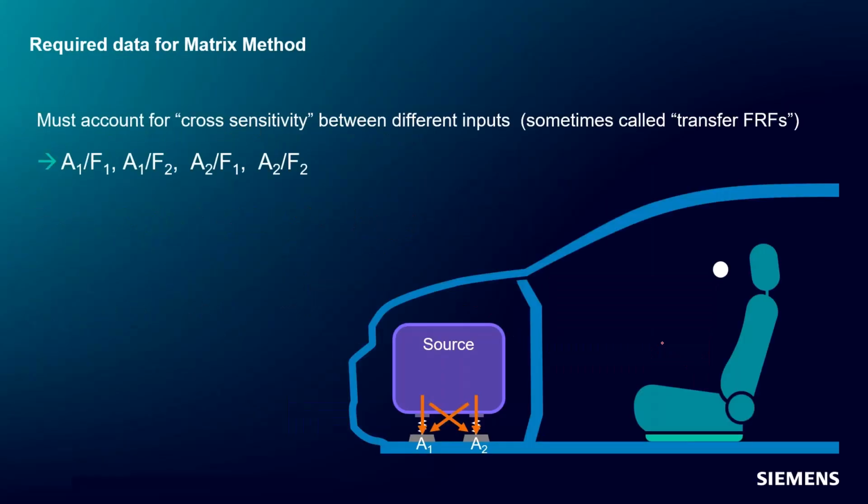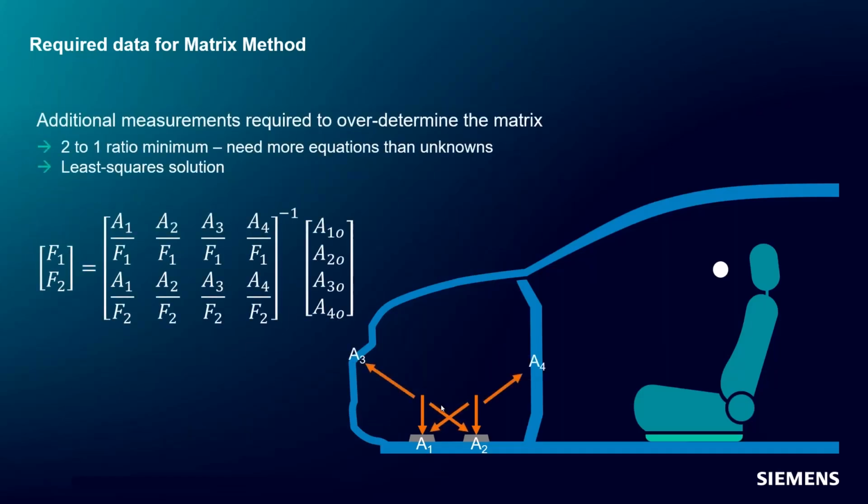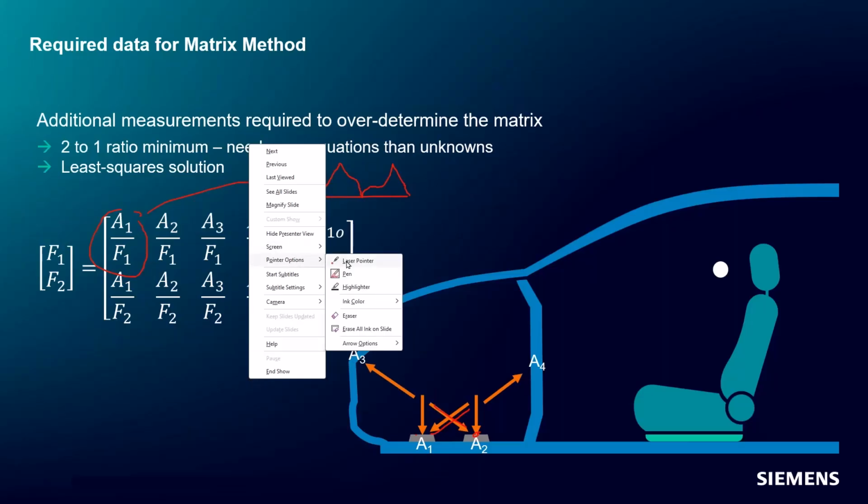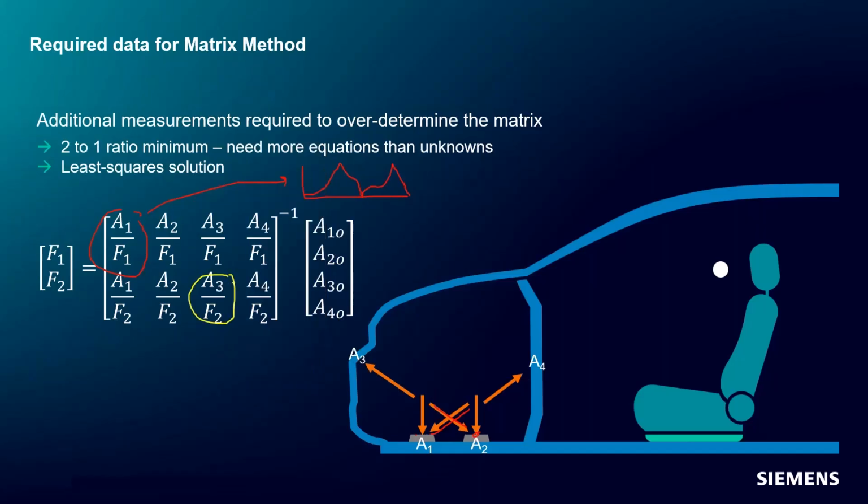Instead of measuring just the local A over F, we'll end up measuring many A over Fs, cross FRFs here. And the idea is, let's say at A1, F1, that the FRF does this, goes to 0, etc. Another FRF that we're going to use in this calculation would be something more like this, where it has a peak where this FRF goes to 0.